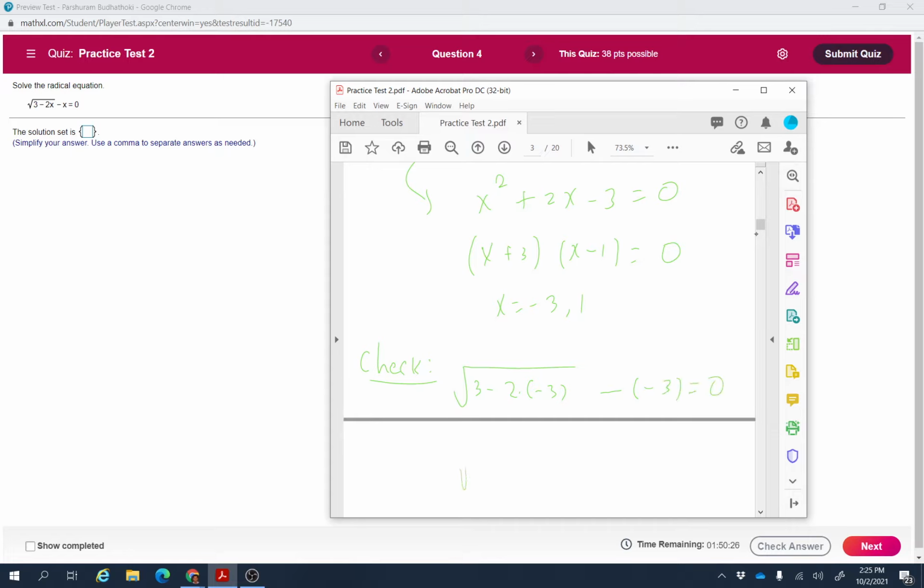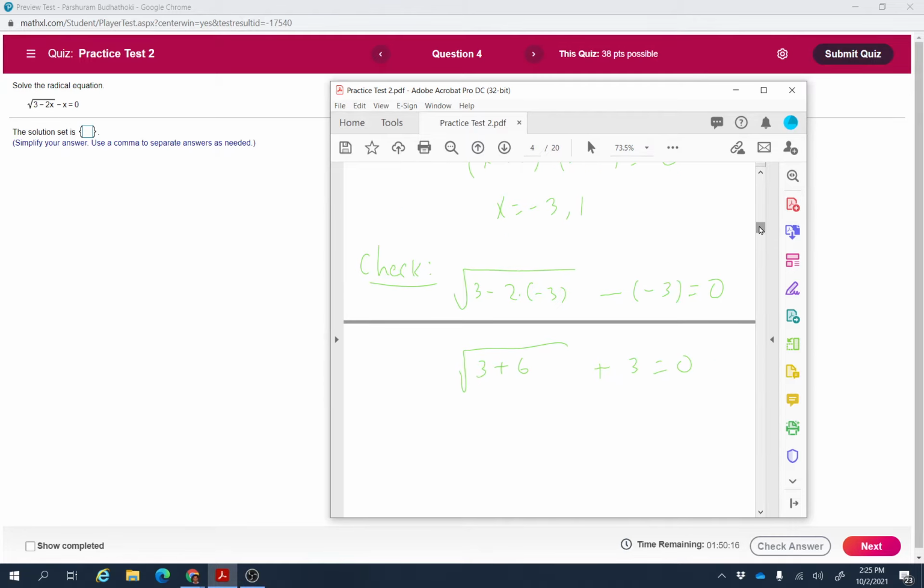If I do the math here, negative times negative is +6, plus 3, equals 0, and that is eventually the square root of 9, which is 3, plus 3 equals 0, which is 6 equals 0, which is false. That's not a right statement. So -3 is not a solution.